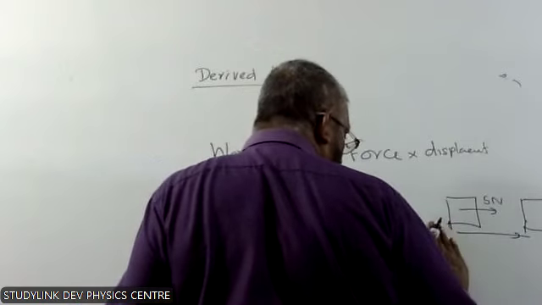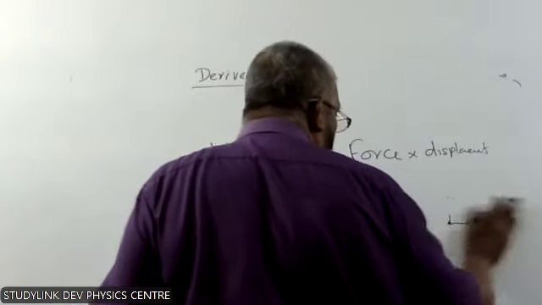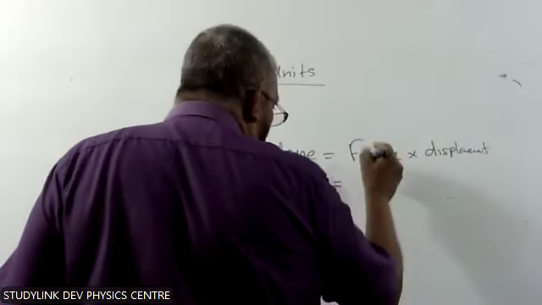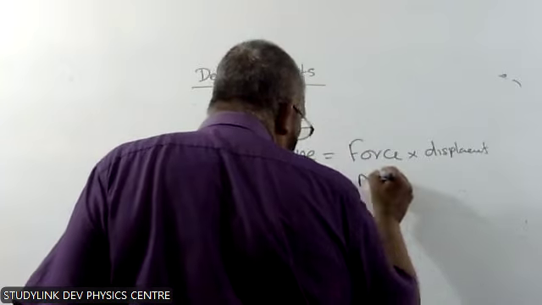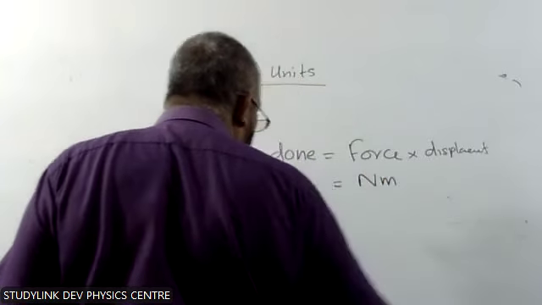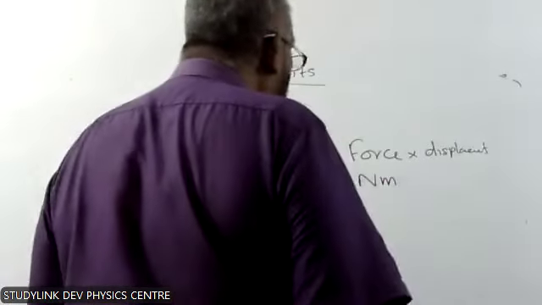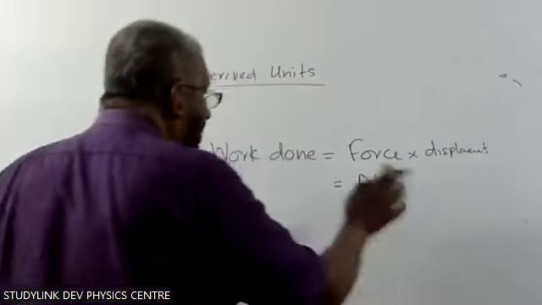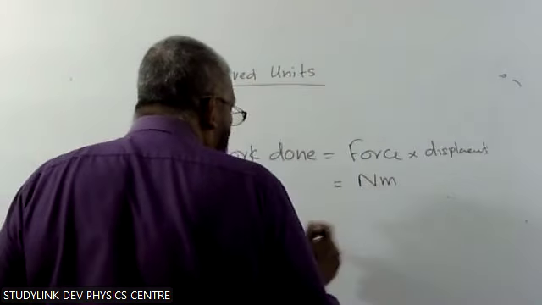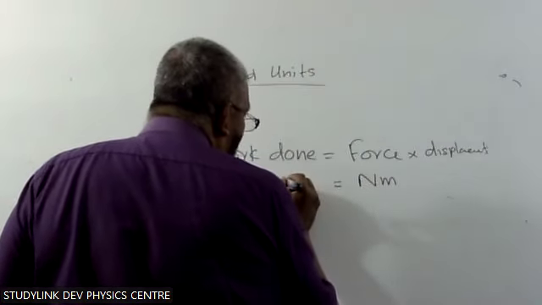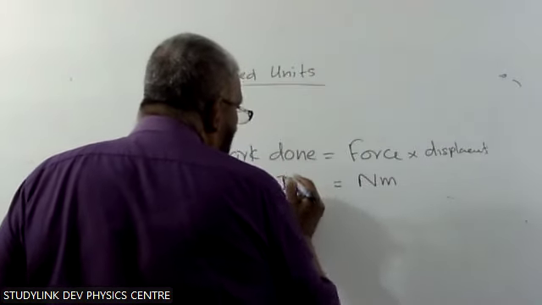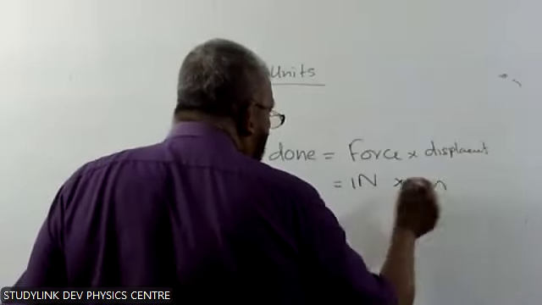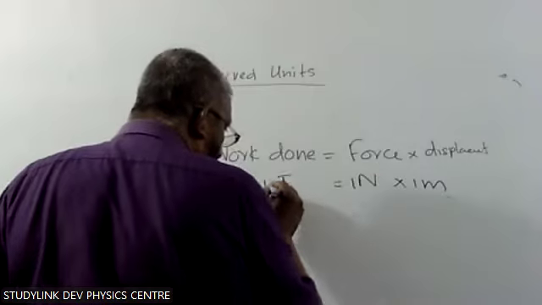Later I will say what a vector is. So then, force is in newtons, displacement is in meters. Then newton meters. But we assign another name. This is called joule. So 1 newton into 1 meter, the work done is 1 joule.